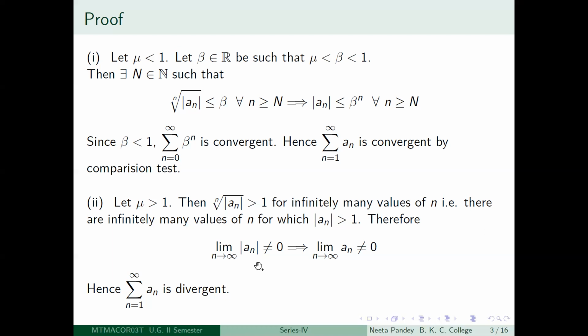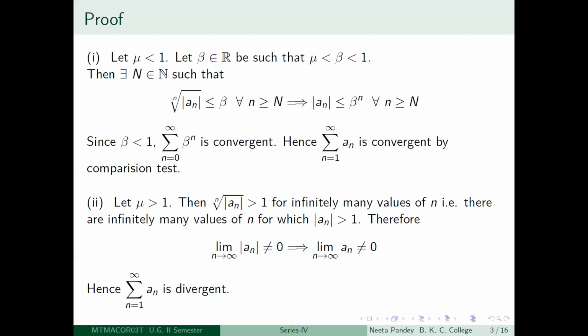Since the limit of |a_n| cannot be 0, a_n cannot be a null sequence, because we know that a_n being a null sequence implies |a_n| is a null sequence.